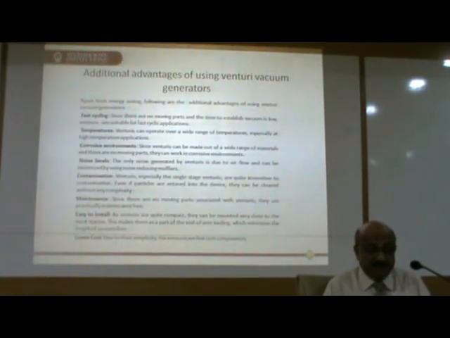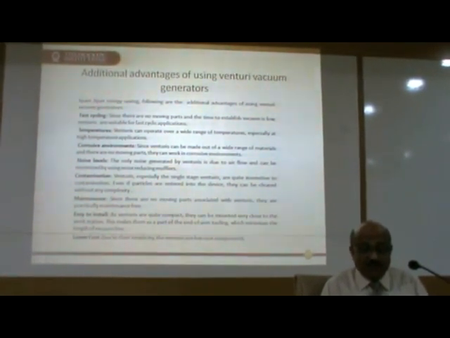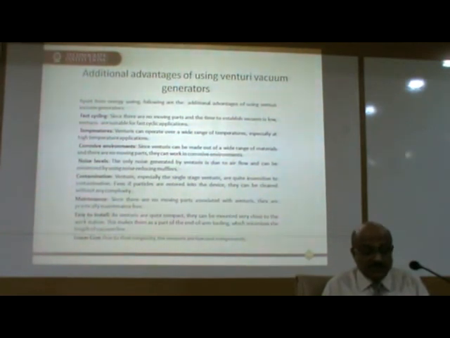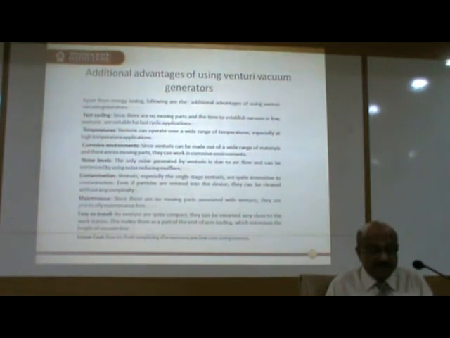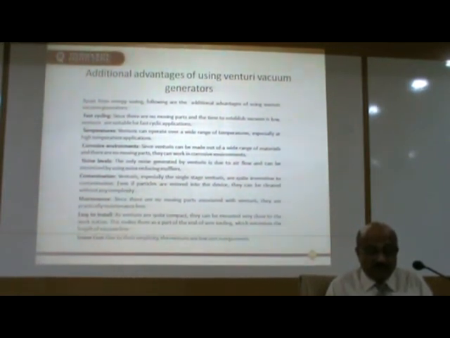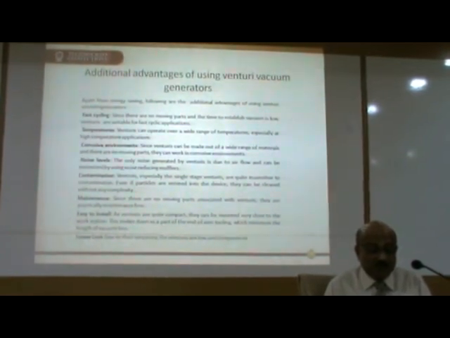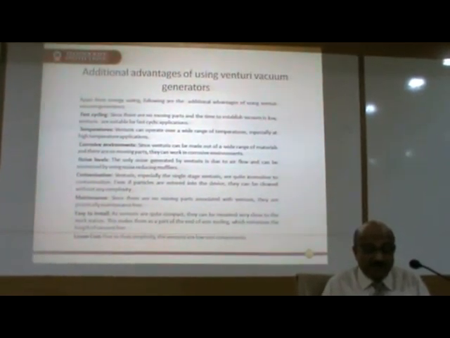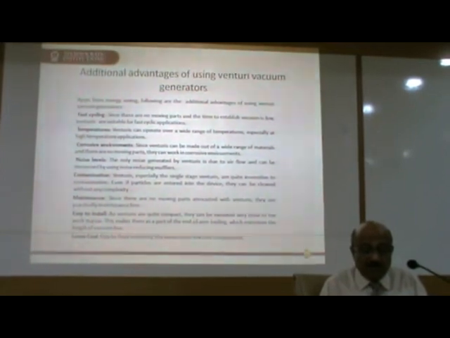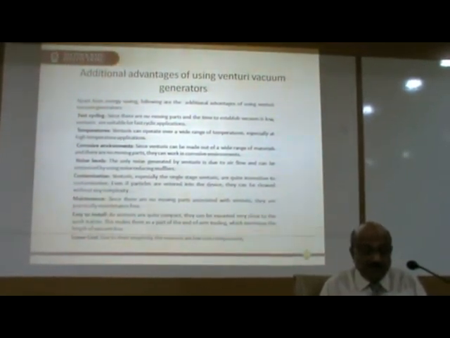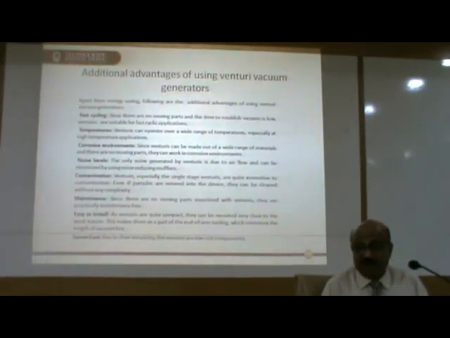Then maintenance. Since there are no moving parts associated with these Venturis, they are practically maintenance free. Then easy to install. Venturis are quite compact. They can be mounted very close to the workstations. This makes them a part of the end of arm tooling, which minimizes the length of the vacuum line.